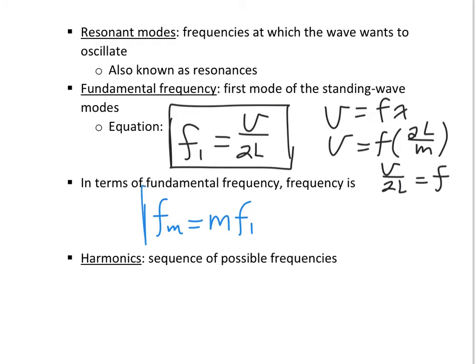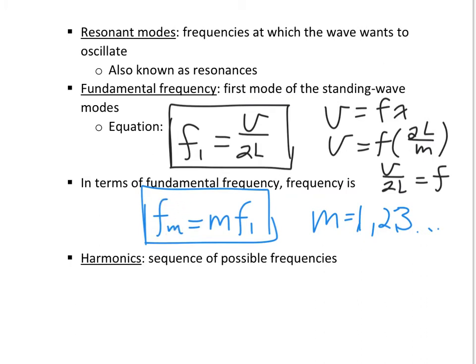And again, that's where m equals 1, 2, 3, etc. Harmonic is just a sequence of possible frequencies. So if you hear first harmonic, second harmonic, third harmonic, that's referring to this. So F2 would be the second harmonic, F3 would be the third harmonic, and so on.